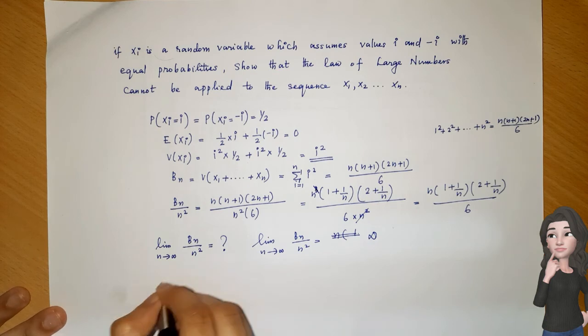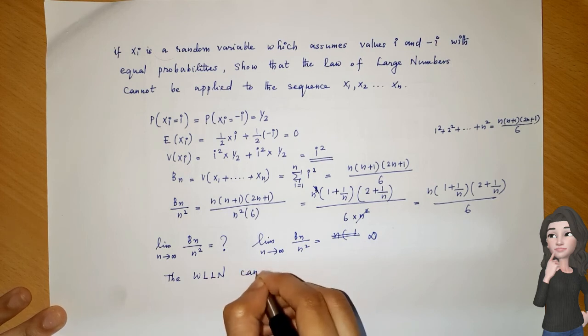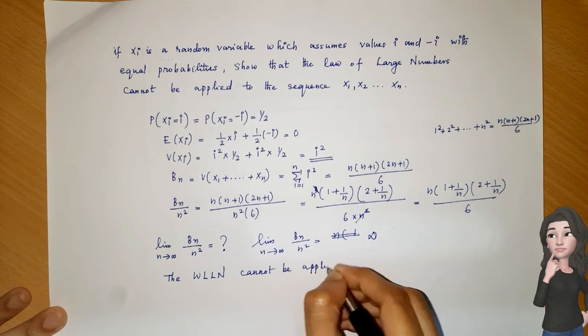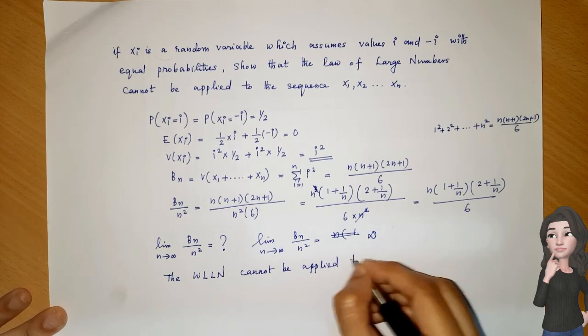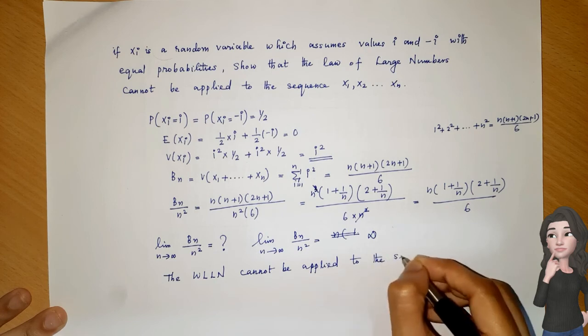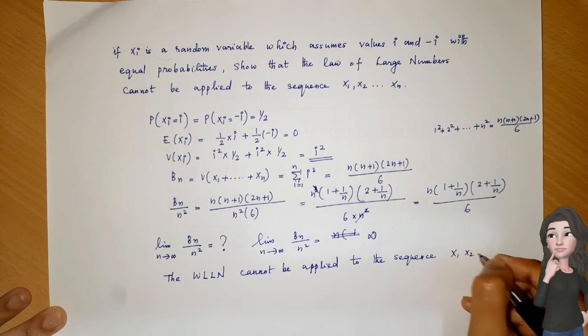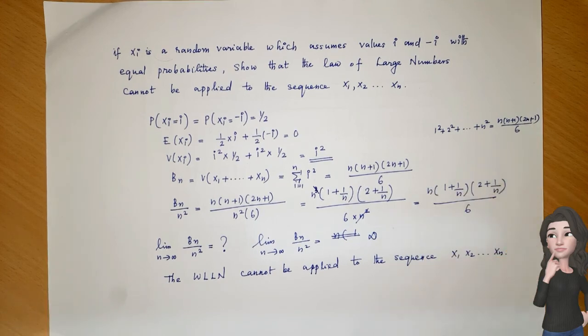That is, the weak law of large numbers cannot be applied to the sequence X1, X2, etc. Xn.